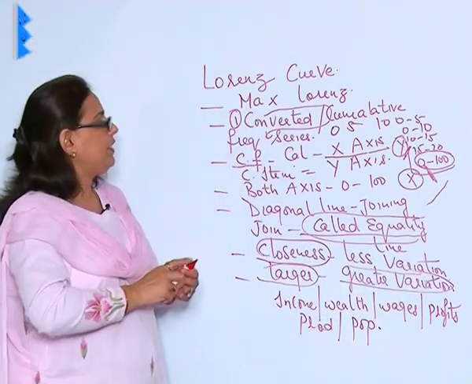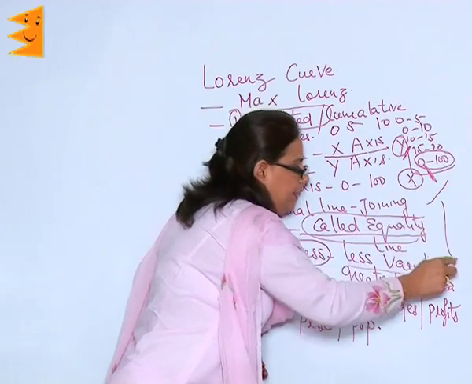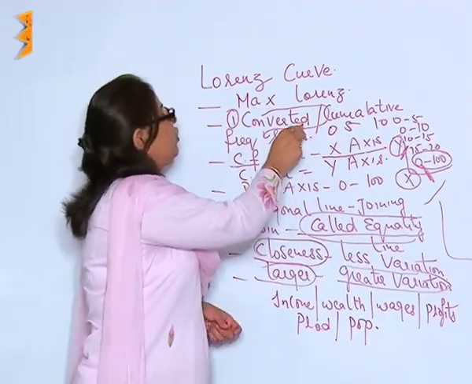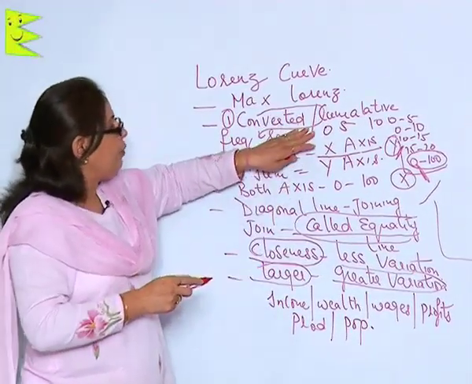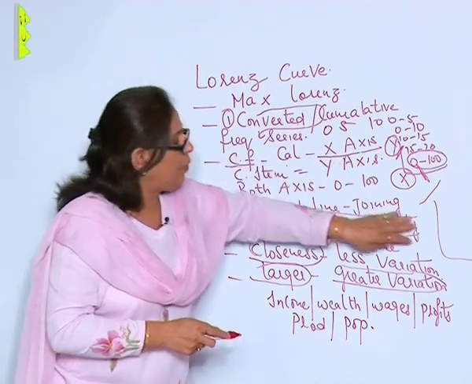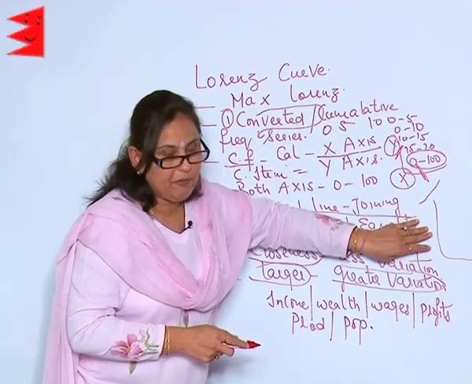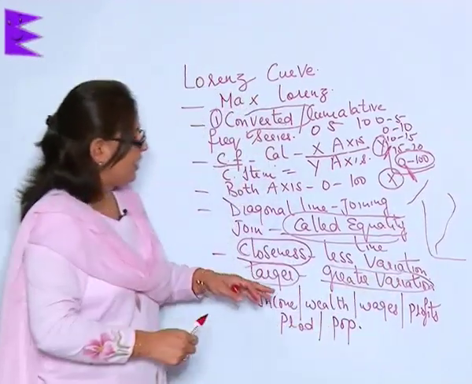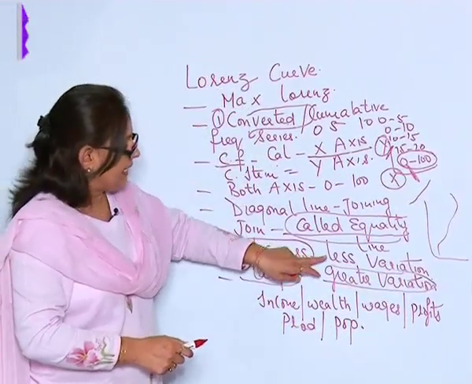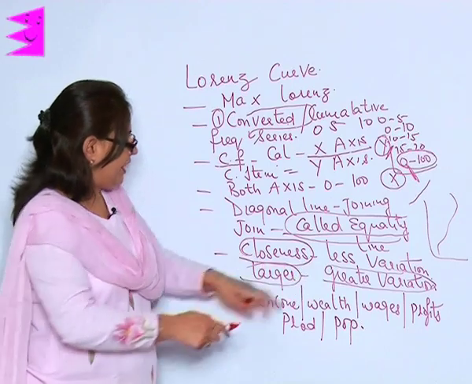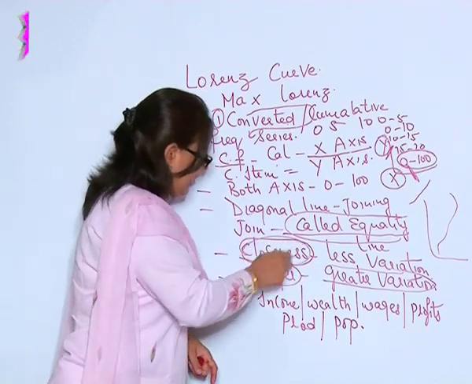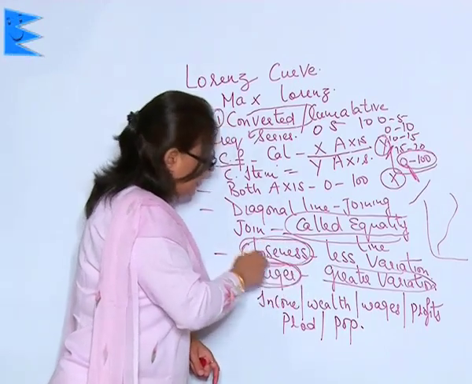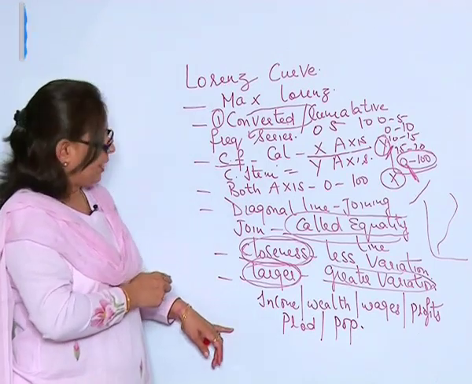Thus, the Lorenz curve deals with the change of the cumulative frequency by plotting the graph with x and y from 0 to 100 and a diagonal line, which indicates whether it has less variation or greater variation by the closeness and the largeness that we have on the graph.